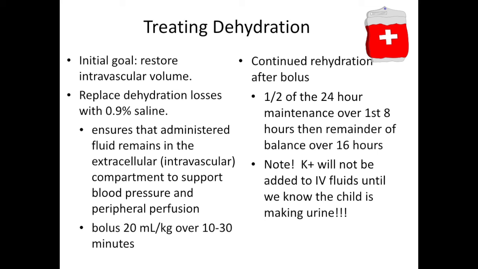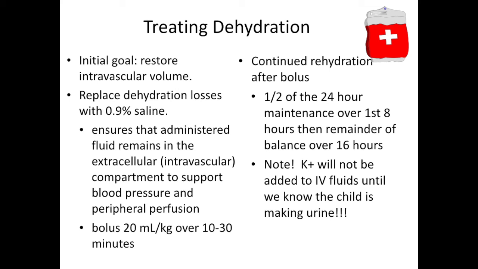The 0.9 normal saline ensures that the fluid we are giving remains in the extracellular, meaning the intravascular compartment, and this will help support the child's blood pressure as well as improve the peripheral perfusion. We start out with a bolus of 20 milliliters per kilo, and we administer it over 10 to 30 minutes.